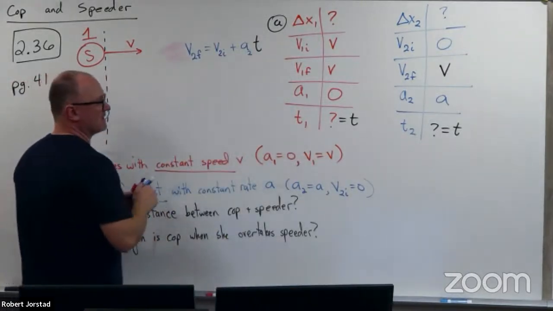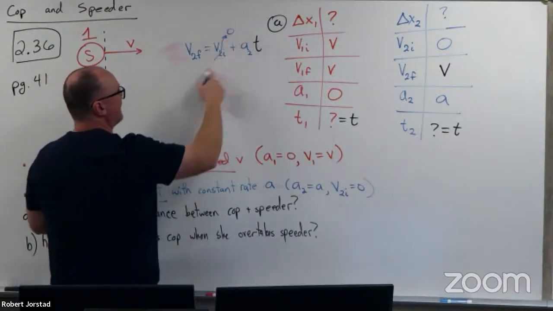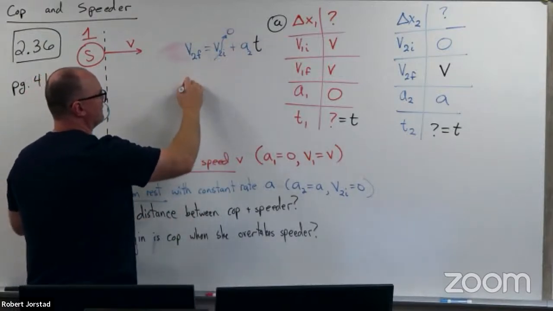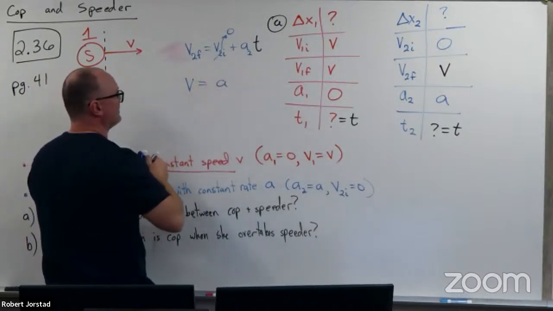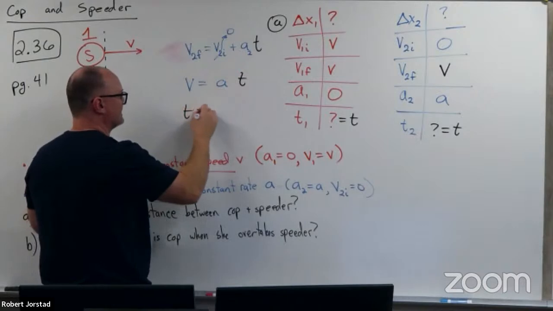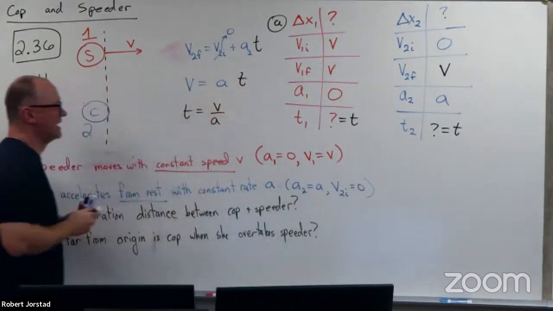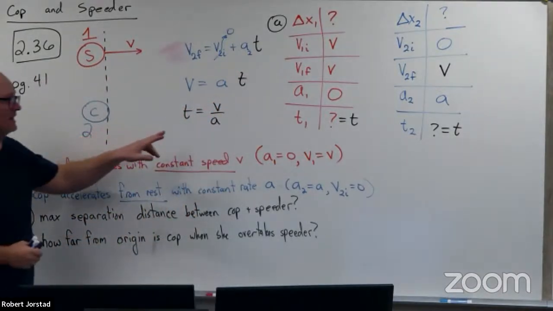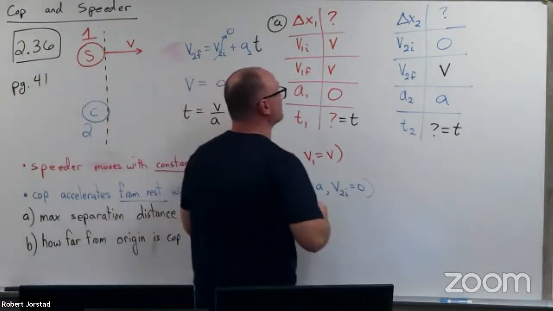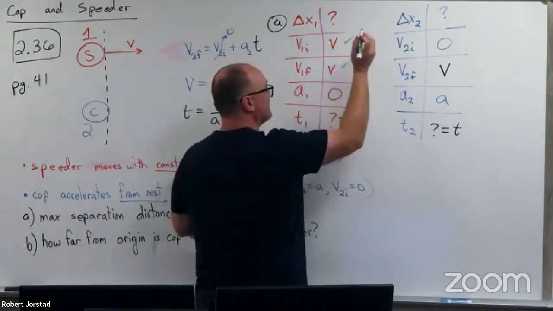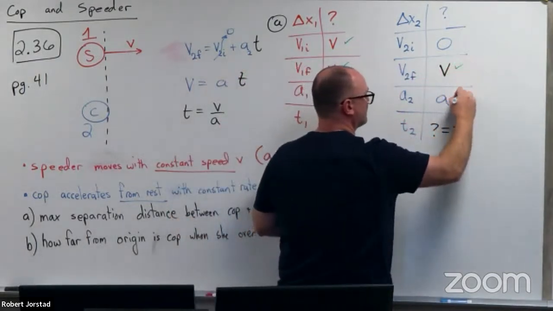If I plug in the zeros, I can see that V equals A T, or T is equal to V over A. Keep in mind, V and A are givens. So this is known.